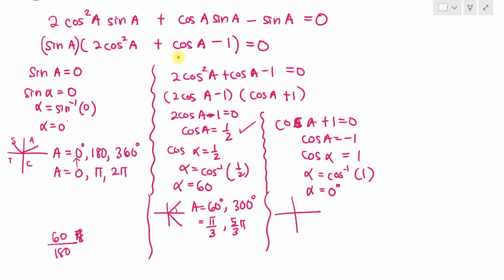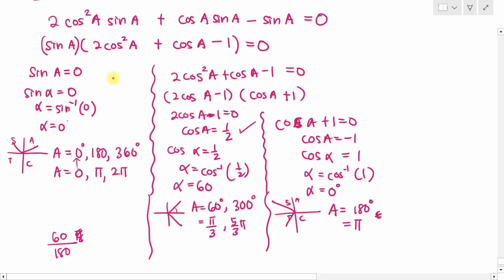So remember your cos is negative, so second and third quadrants. For second, A should be 180 minus 0, which is 180 degrees. And third one is 180 plus 0, which is again 180. So the only answer here is pi.